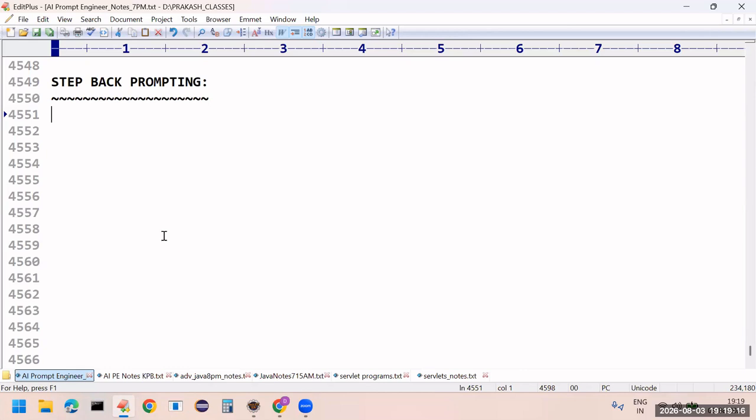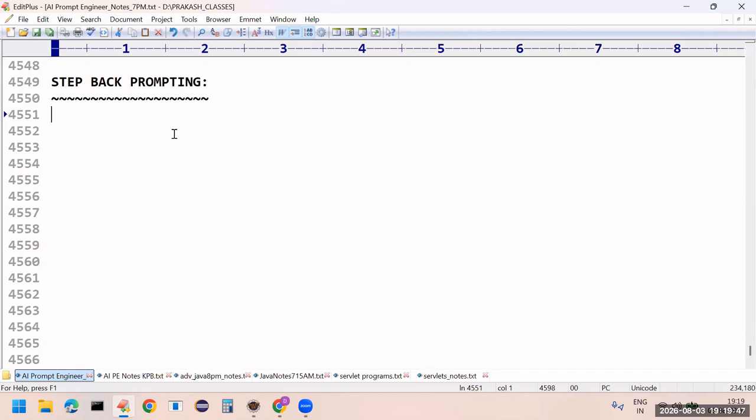Generally, when we have a problem, before solving it, just step back, and then start solving the problem. When you step back, you may get some kind of analysis. Before solving the problem, go back, try to understand the fundamentals, then solve.